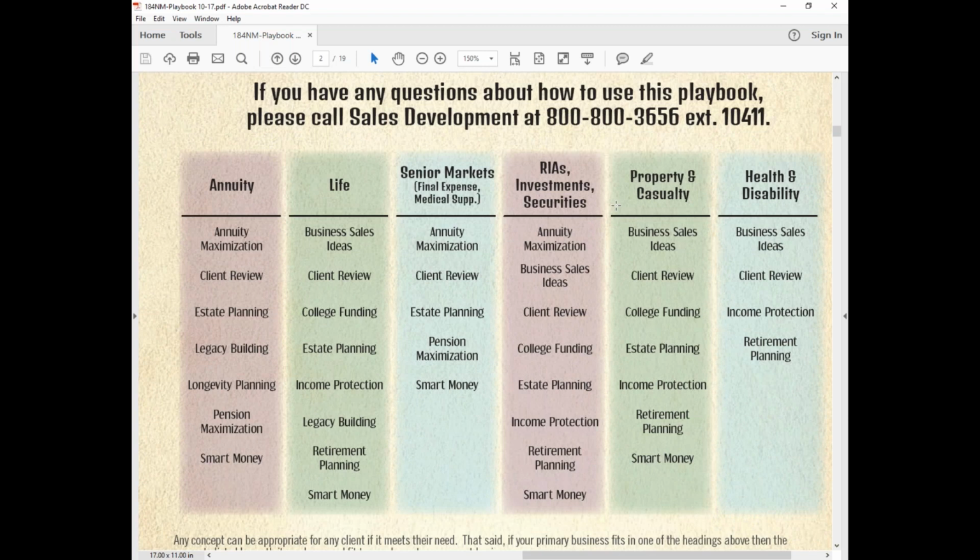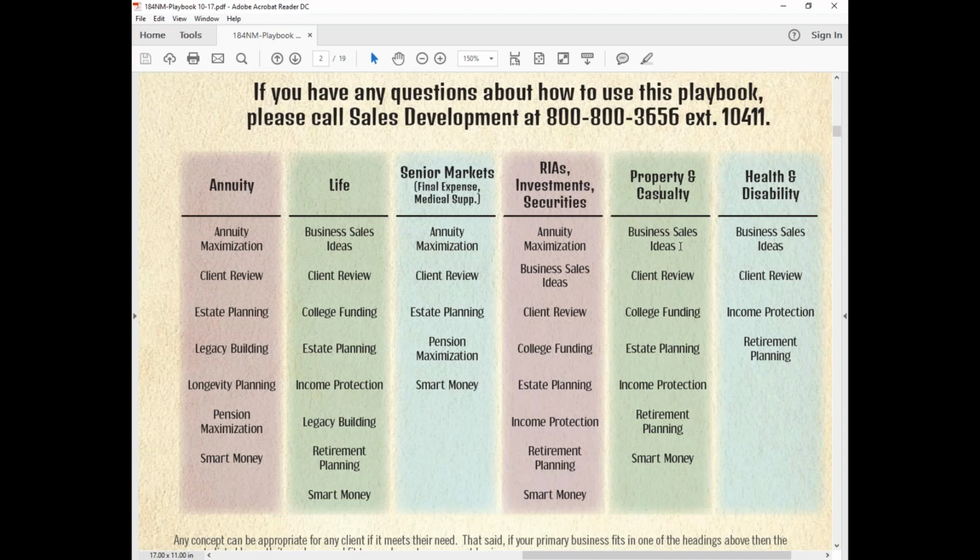I briefly mentioned property and casualty, so let's take a look at that as an example. You're a property and casualty agent and you are working with clients to help them with many different lines of business. Well, these would be our suggestion of which concepts to look at first, because these are going to be the ones that would make a good splash and impact on your clients' overall portfolio and help them add life insurance.